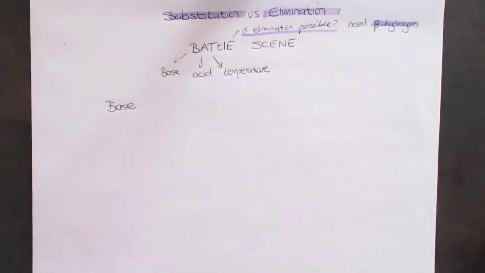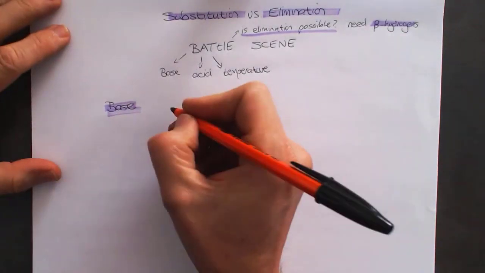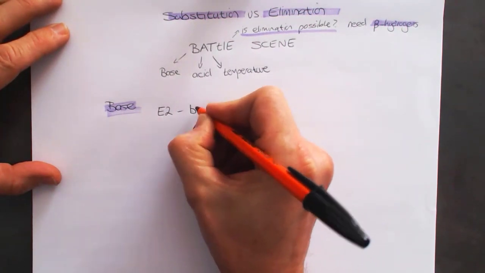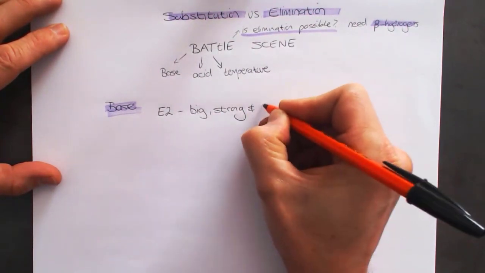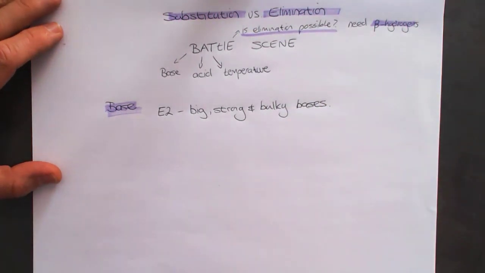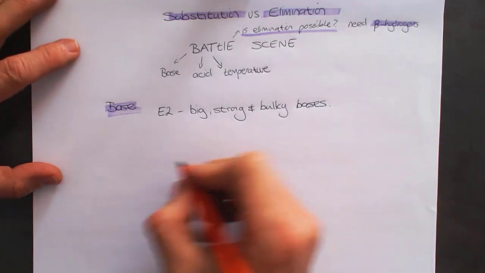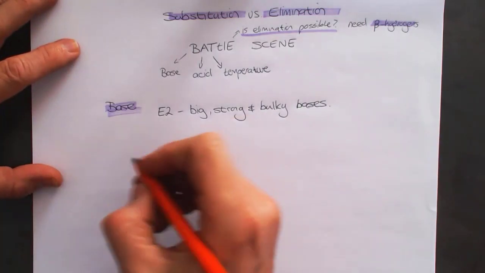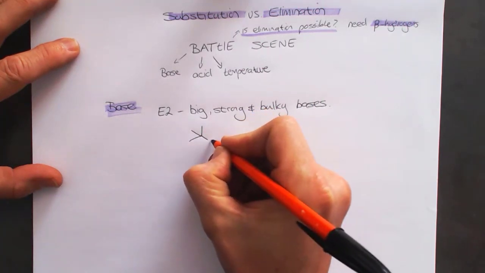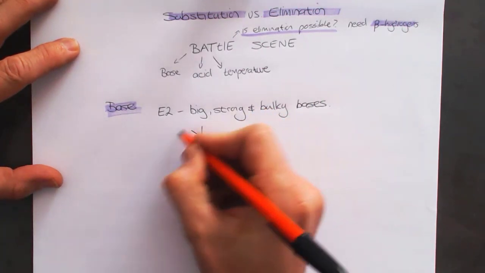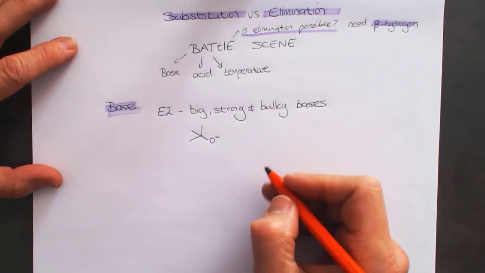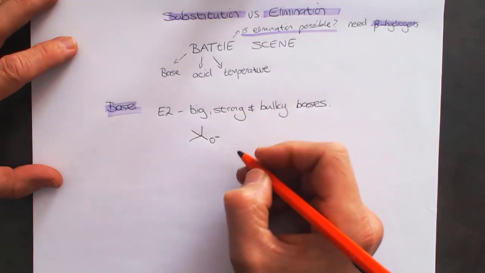So the first thing that we want to look at is the base. Simplistically here, E2 elimination reactions require big, strong, bulky bases. In the examples that I gave to you earlier, or in the previous lecture, should I say, the classic one that I brought up was really the most famous of all the bulky, strong bases, and that is the tertiary butoxide.